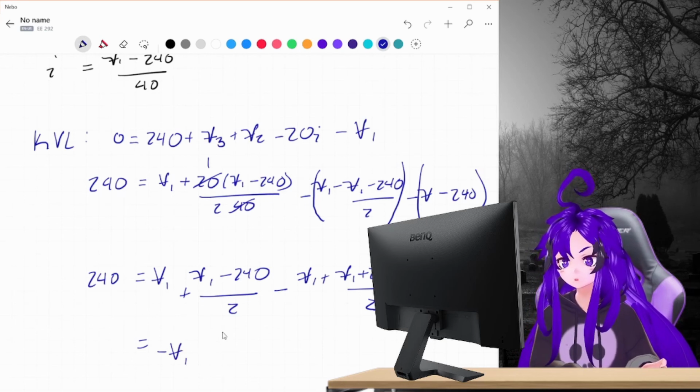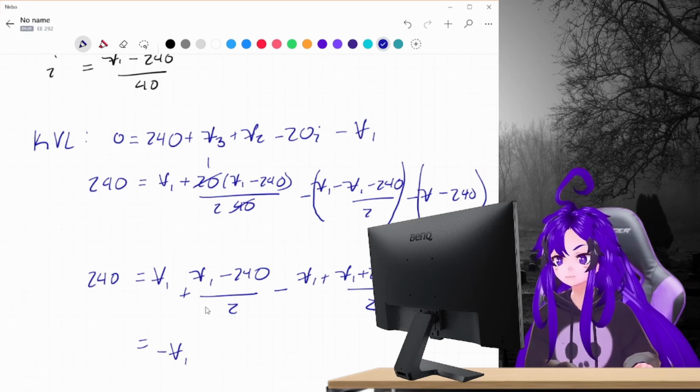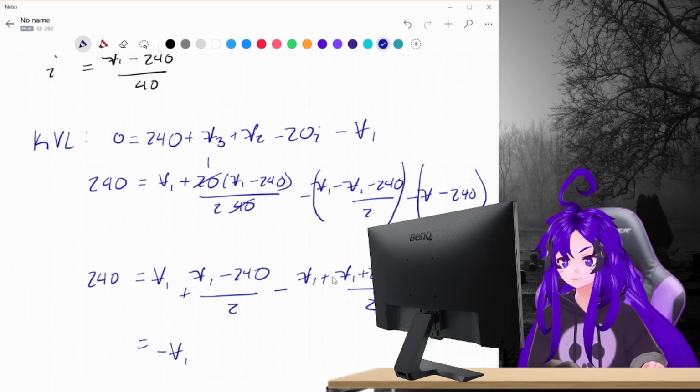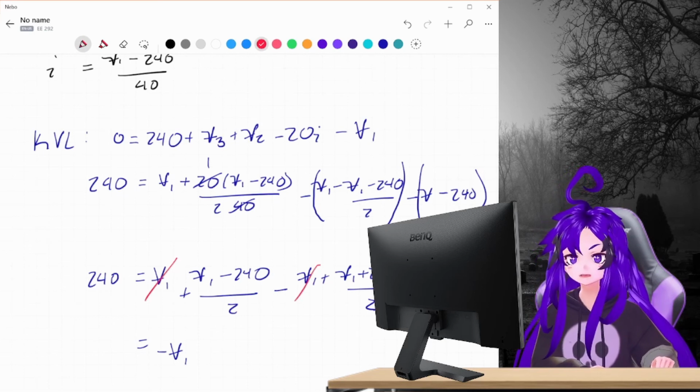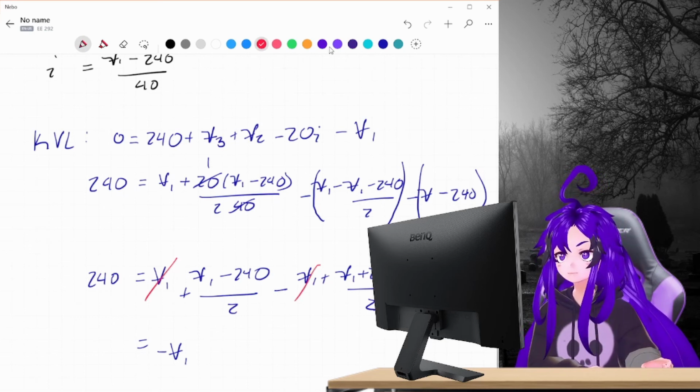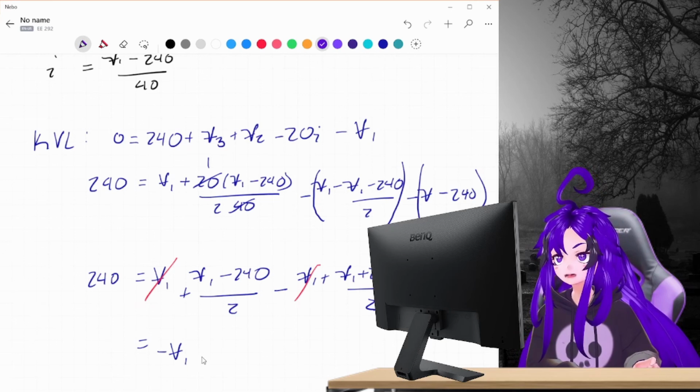Okay, now we have V1. Gonna cross those out because I handled them already. Okay. We have some more color.